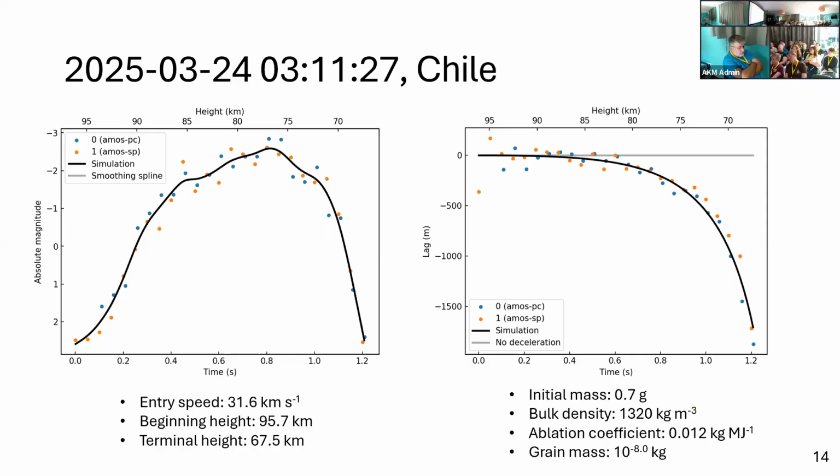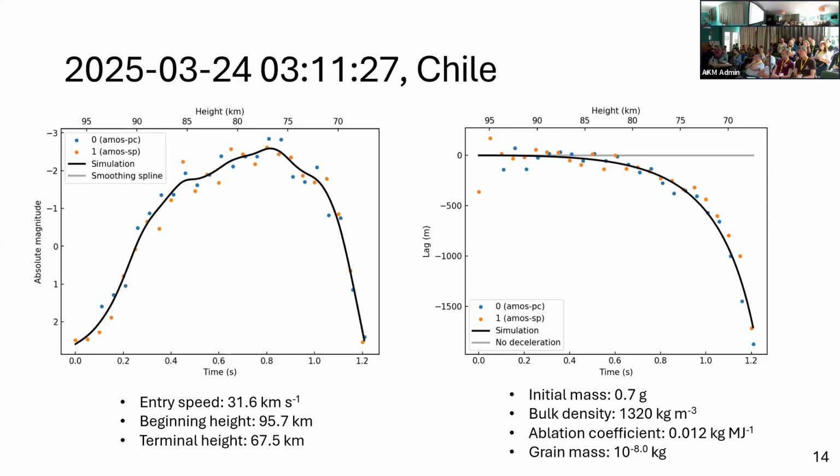Well, these values reconstructed the position perfectly. So the meteoroid most likely had initial mass of 0.7 grams and bulk density 1,320 kilograms per cubic meter, which means that if it had spherical shape, its size would be 1 centimeter.